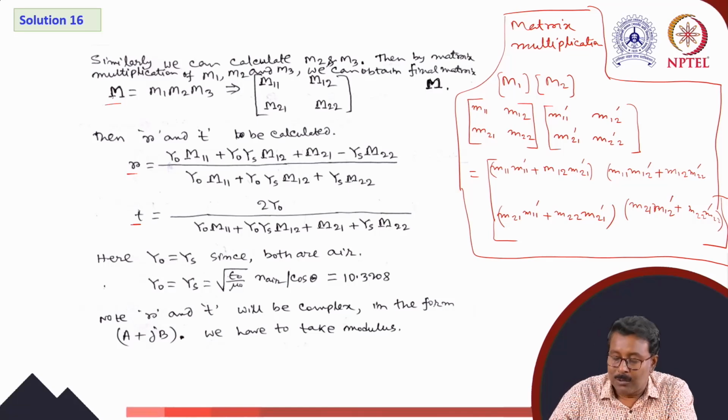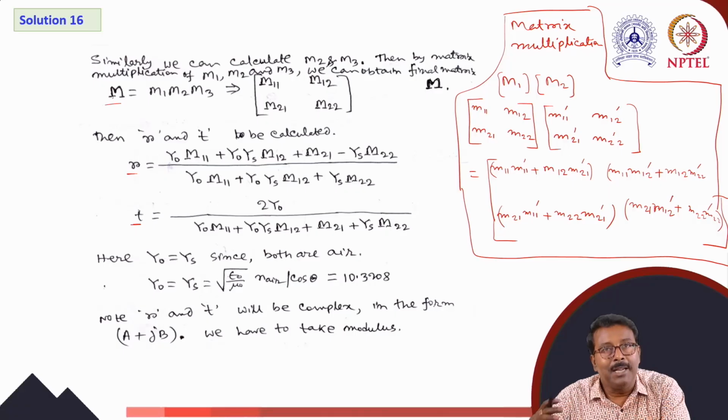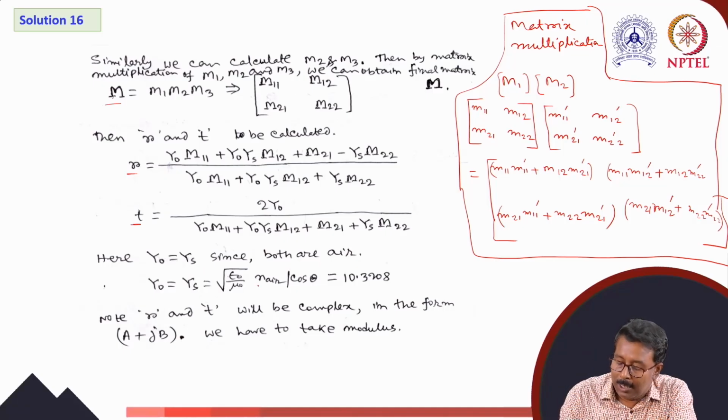So the total multi-layer structure, if we consider it as a single layer, is surrounded by AR on the top side and AR on the bottom side. So y0 is equal to ys, and y0 and ys will be epsilon 0 by mu 0 in AR by cos theta, that is 10.3202 in both cases.